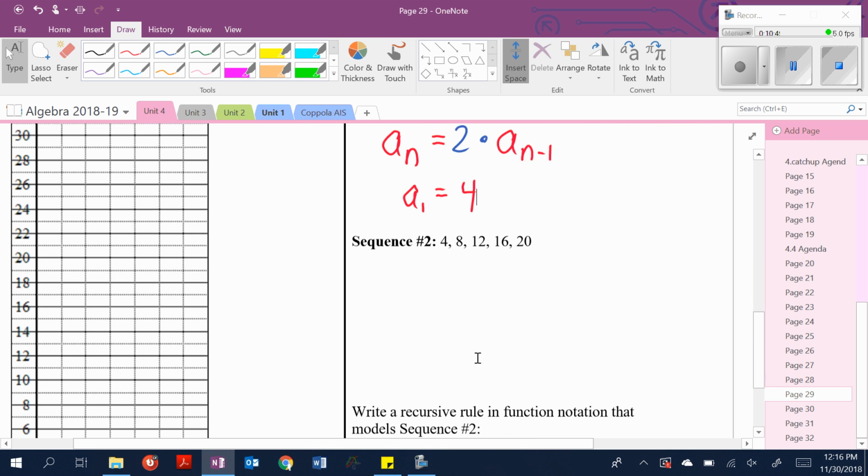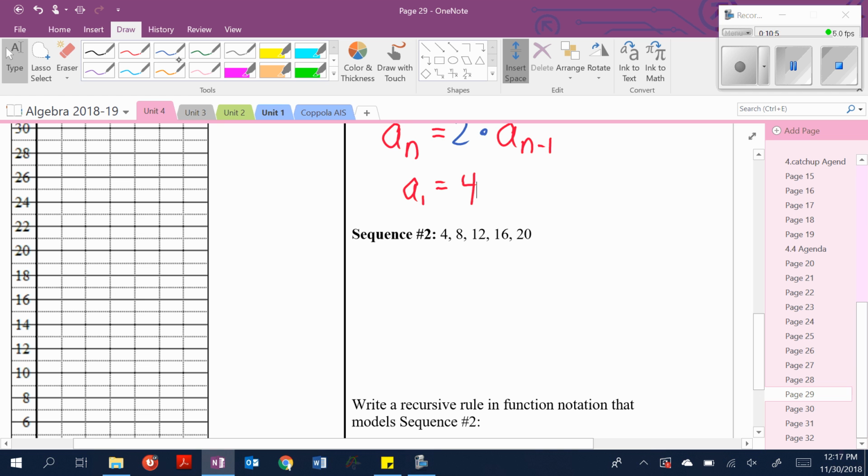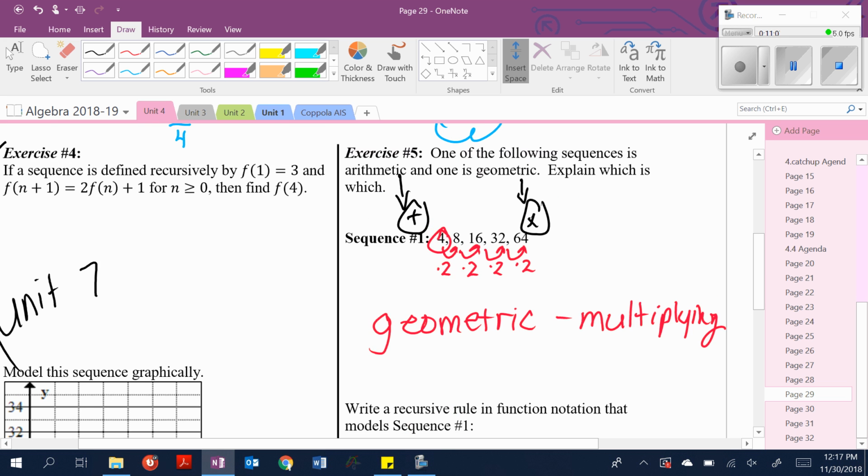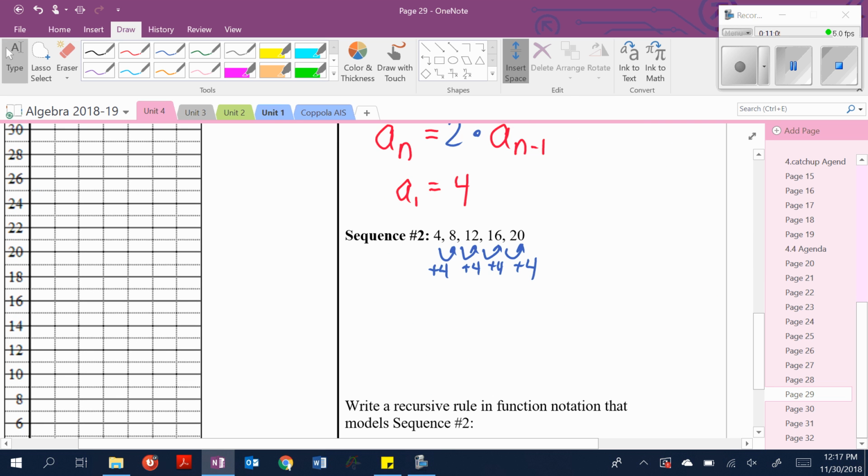All right, let's look at sequence 2. All right, well, what's going on here? How do I get from 4 to 8, 8 to 12, 12 to 16? Oh, this is what we wanted to do before, isn't it? Adding 4 over and over again. So this is arithmetic, and I always spell it wrong, so what is it? Okay. This is arithmetic.